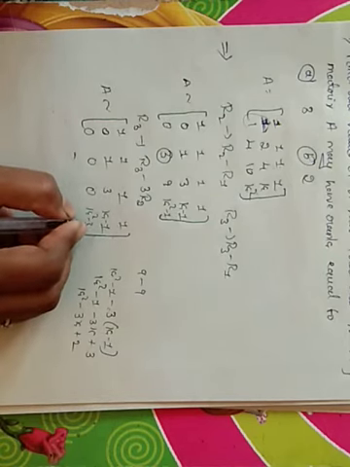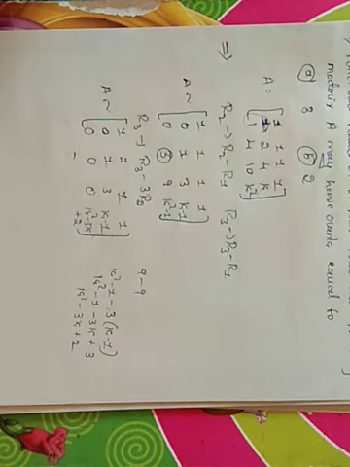So the entry becomes k square minus 3k plus 2.